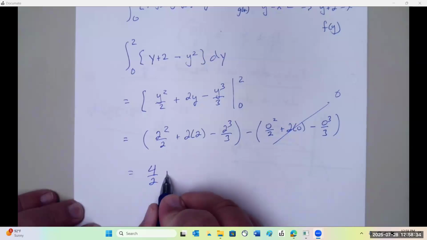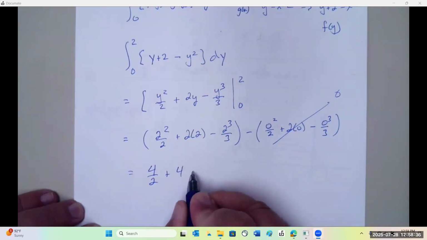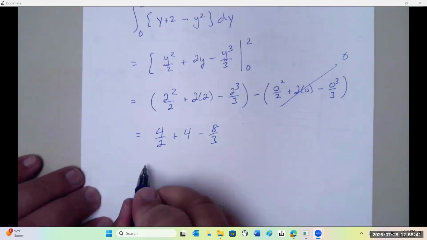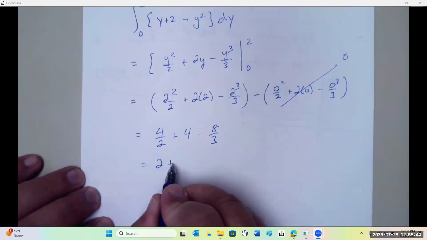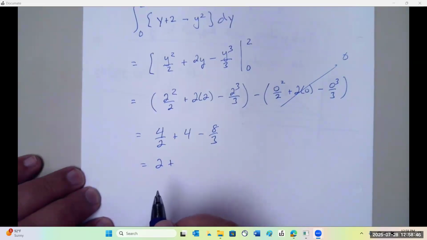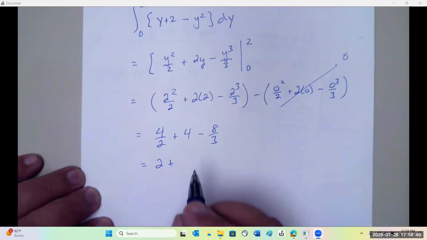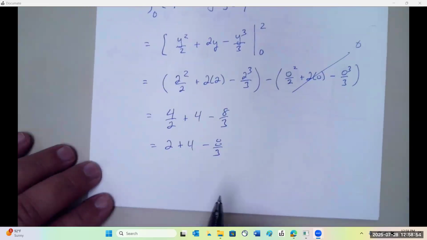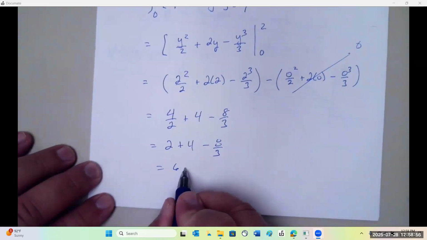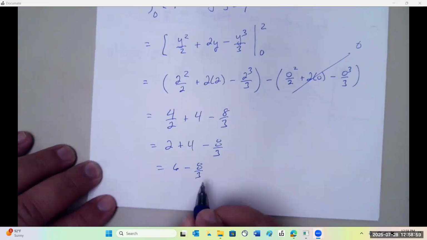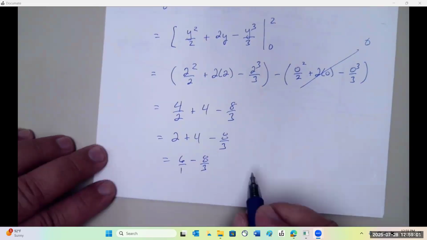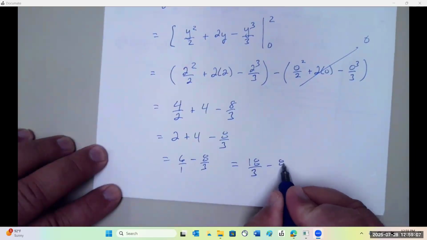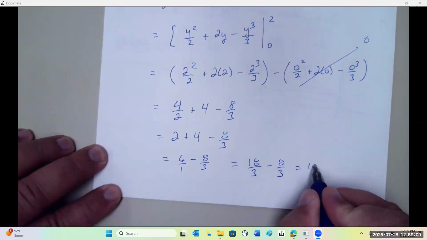We have 4 over 2 plus 4 minus 8 over 3. So we have 6 minus 8 over 3. 18 over 3 minus 8 over 3 is 10 over 3.